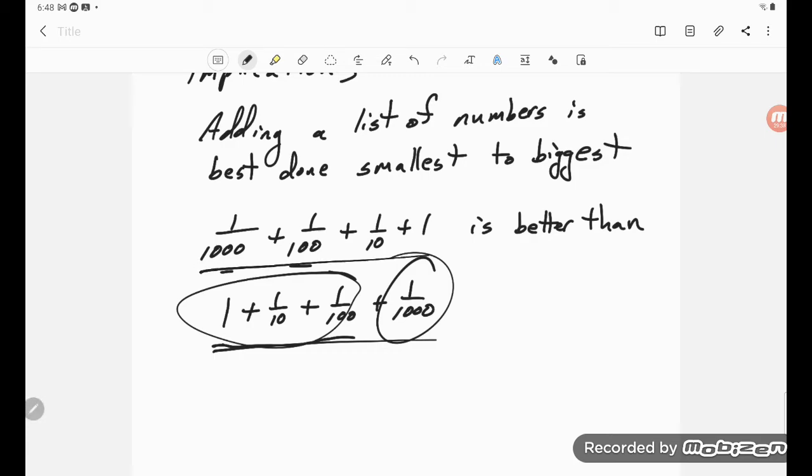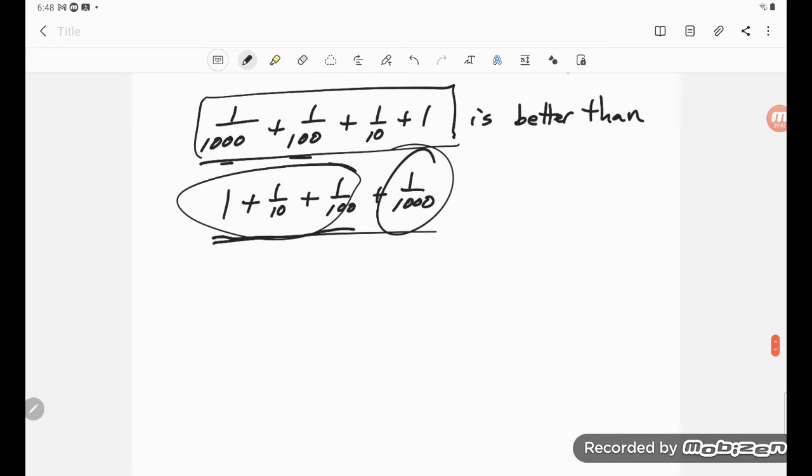And so an implication is, if you have to add a list of numbers, and here I'm doing positive, if they alternate, if they've got different signs and so forth, well, then you need to be also careful that way. I'd probably add the negatives and the positives separately, and then take the difference of the two. But as far as these positive numbers, I would go smallest to biggest.